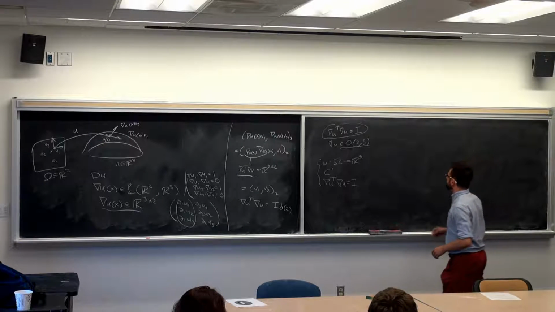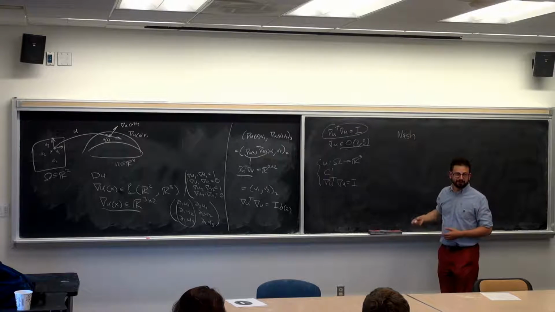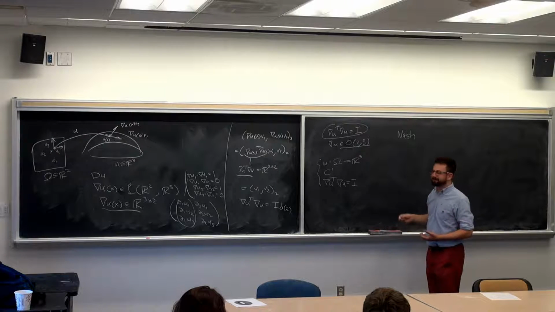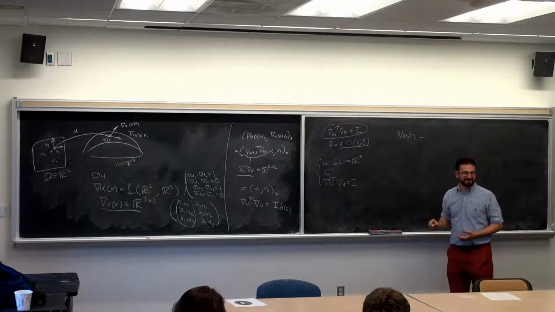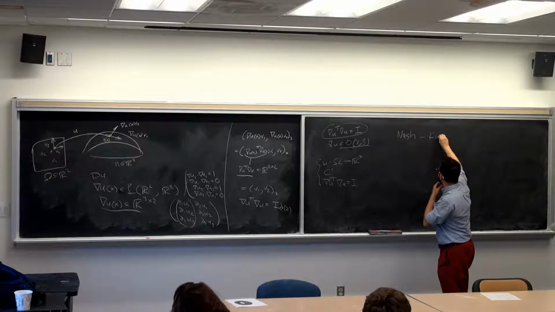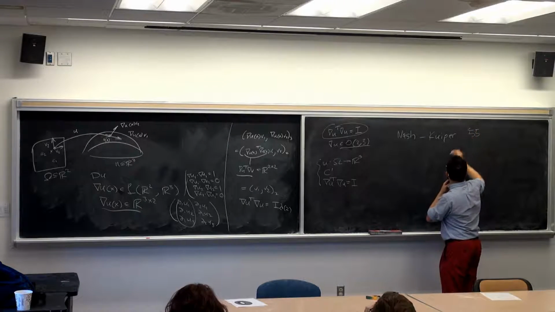In particular, there's a result due to John Nash, the famous emeritus of CMU, the guy from the movie A Beautiful Mind. This isn't economics; he also did work in PDEs. Nash, and also Kuiper, in 1955.